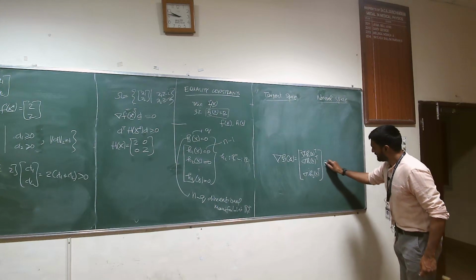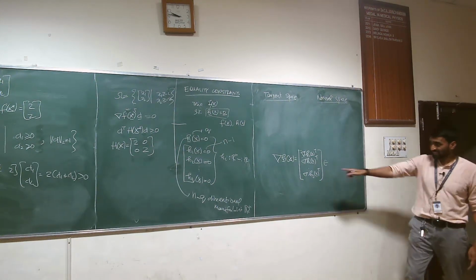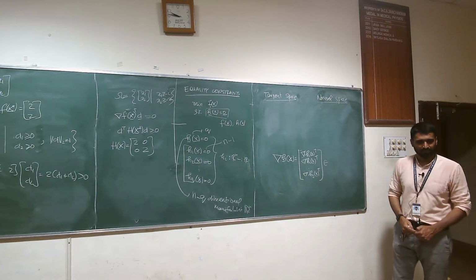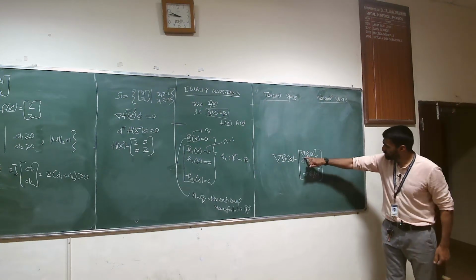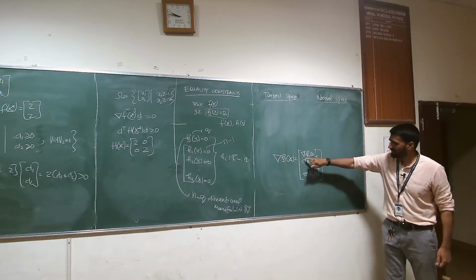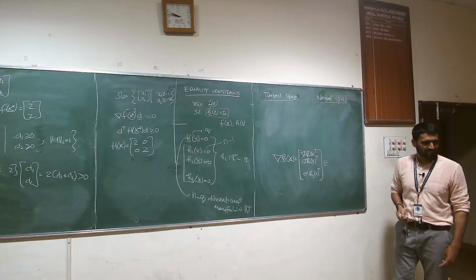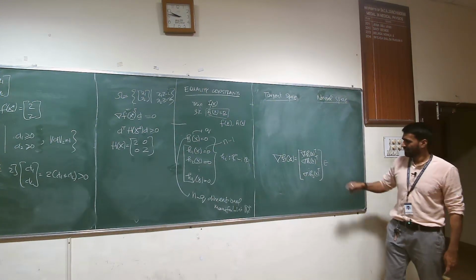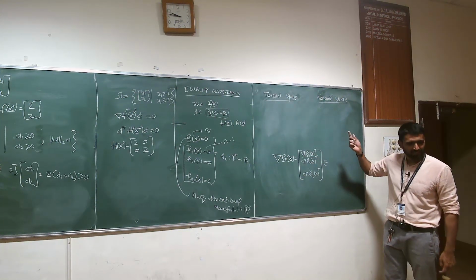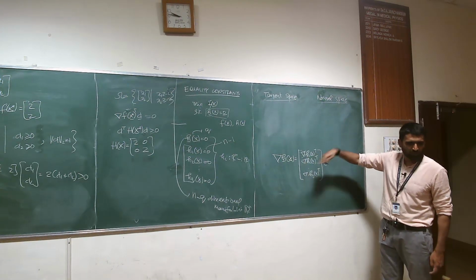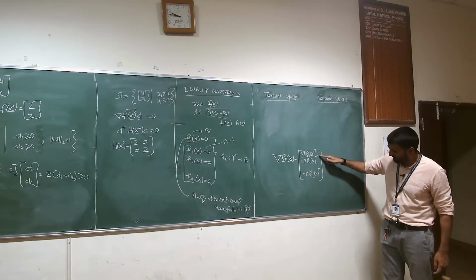What will this be at some point x? What will be the size of this gradient of h1 of x? Well, it'll be an n cross 1 vector. I'm taking the transpose, so it's 1 cross n, and I have q of those.